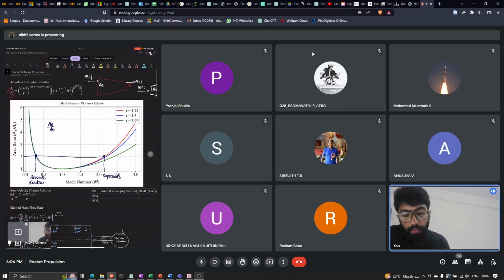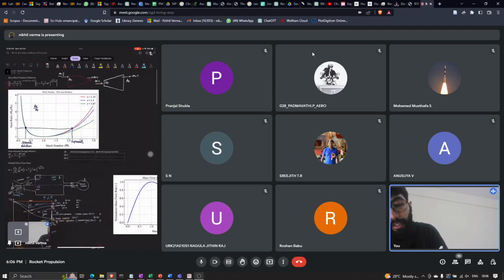Basically, what this equation is telling you is, say you have a nozzle where the Mach number is choked.